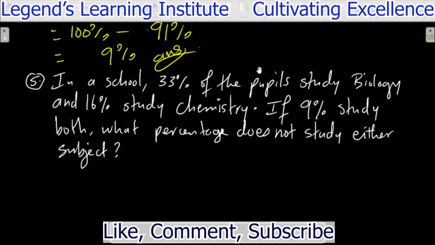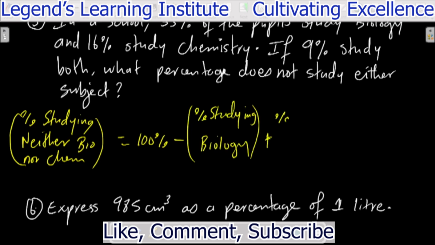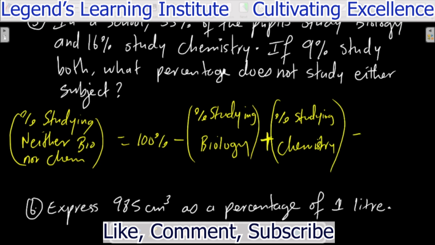Number 5 says, in a school, 33% of the pupils study biology and 16% study chemistry. If 9% study both biology and chemistry, what percent does not study either subject? The percentage of students who study neither biology nor chemistry equals 100%, because everything must add up to 100%, subtract the percentage studying biology plus the percentage studying chemistry, and then subtract the percentage that study both.